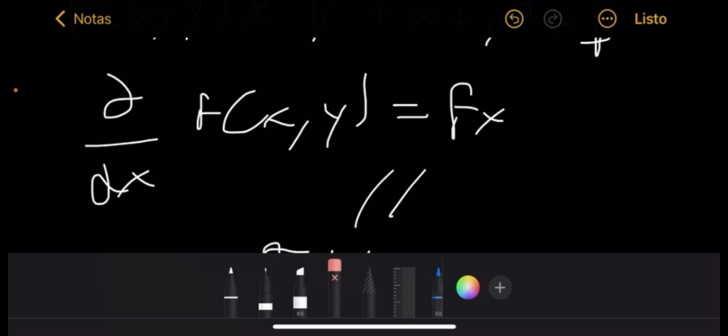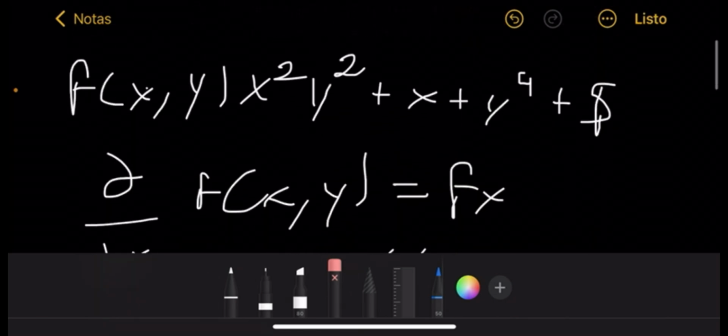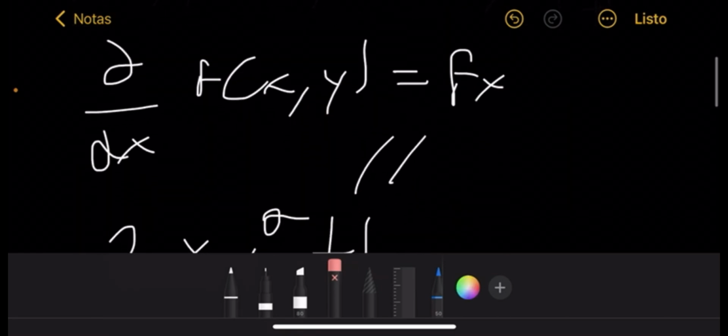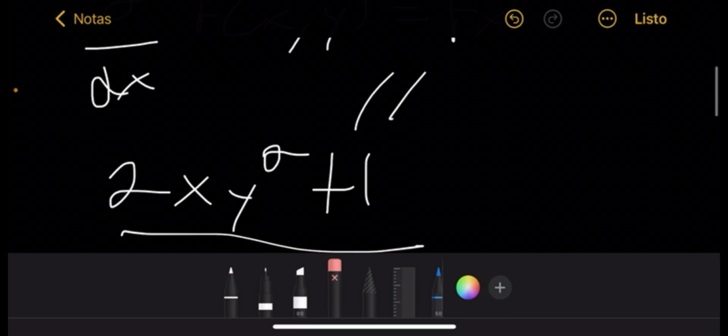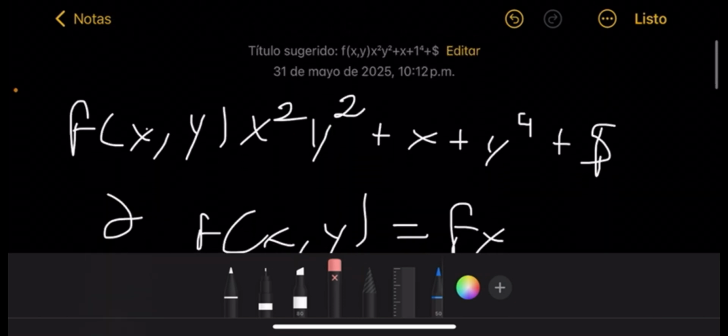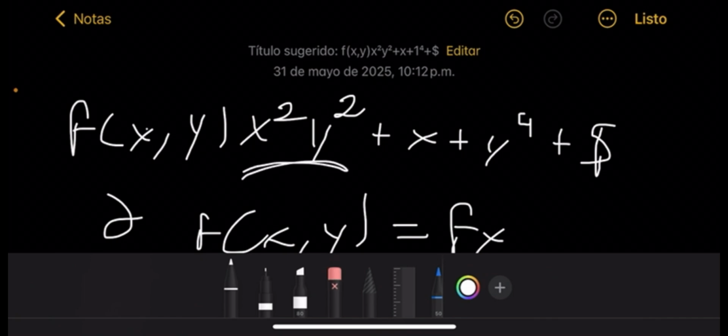We are first going to get the partial derivative of this function with respect to x. Then we have 2x y squared plus 1, because if we do the partial derivative of this thing over here, we have a multiplication: x squared times y squared.